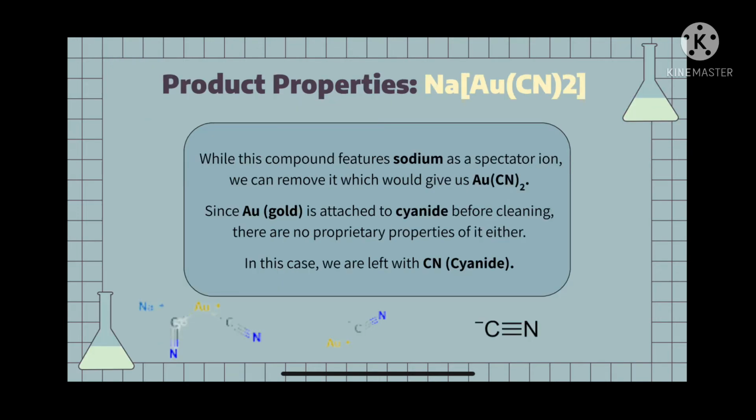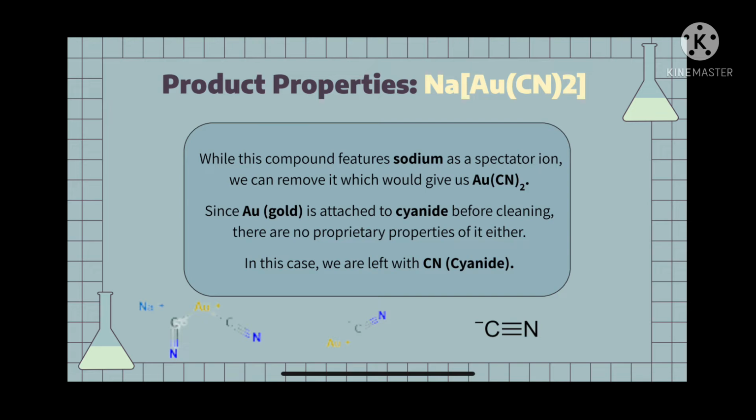Moving on to our products, and specifically the sodium gold cyanide product. Sodium gold cyanide is a compound that appears in the products, yet it does not have any properties of its own. In fact, it is a bunch of elements that are combined forming a compound that just has weight. In this case, this compound can be broken down into gold cyanide.